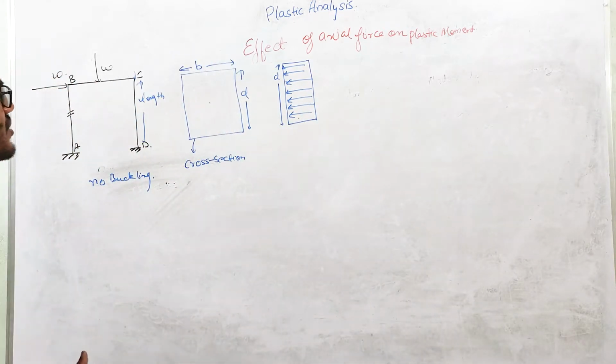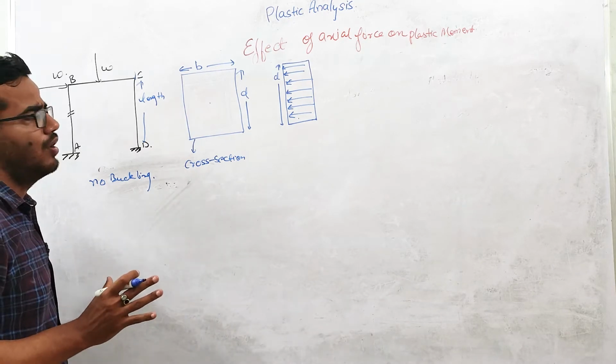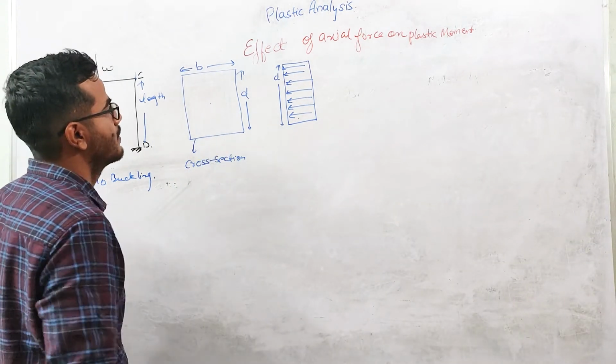Initially the stress distribution on this column will look like this.